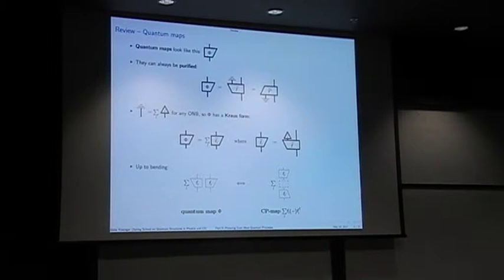So a quantum map, again, just up to a bend to the wire, is something familiar if you're familiar with quantum theory. It's really just taking a Kraus representation of some CP map and twisting things around a bit. So the point I was trying to make is that these aren't so far from the standard things. It's just that we've done it in a way that's more convenient for this process theory point of view.